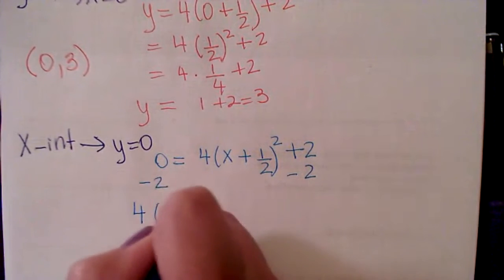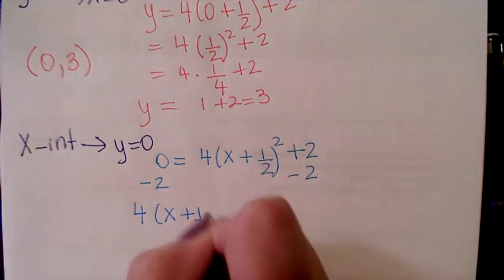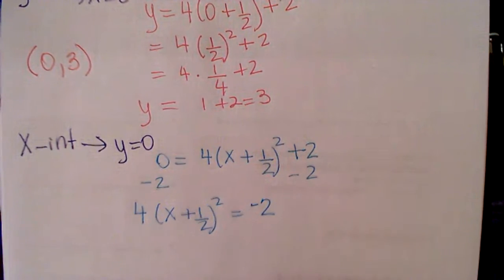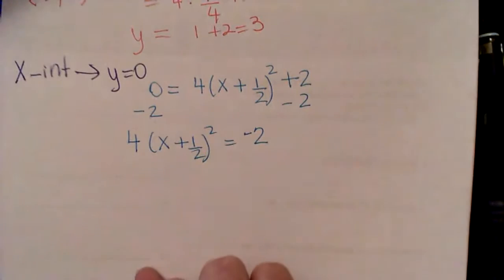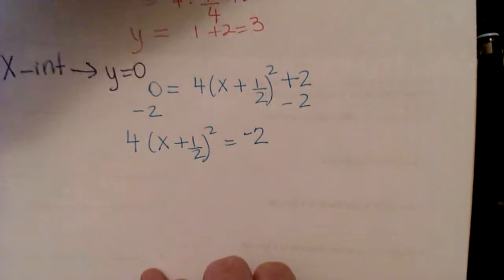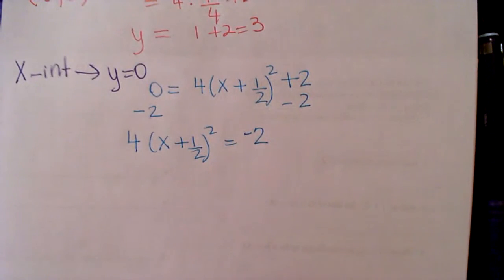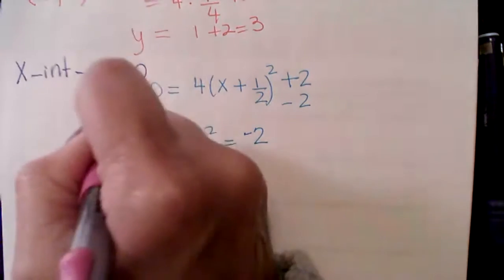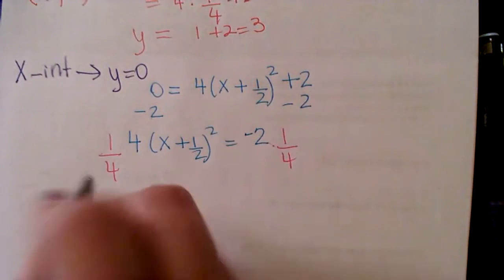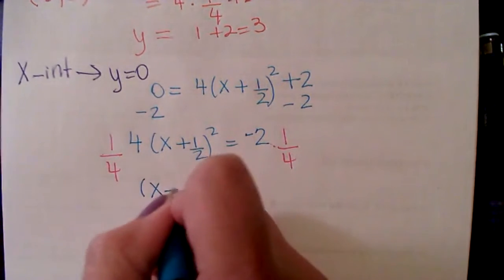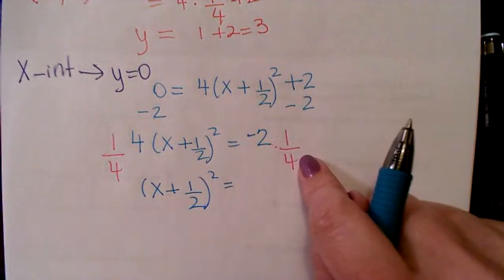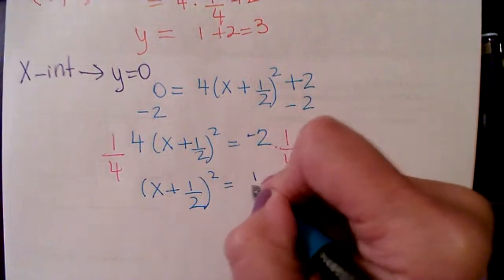And what do we get? Equal to negative 2. Now, what do we need to do? I need to multiply by the reciprocal. So what do we get? We get x plus 1/2 squared equals to what? Negative 2/4 is negative 1/2.